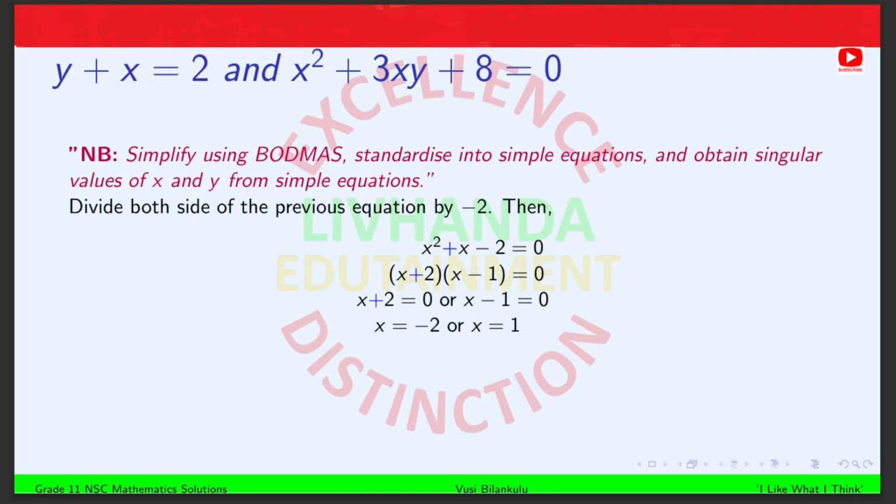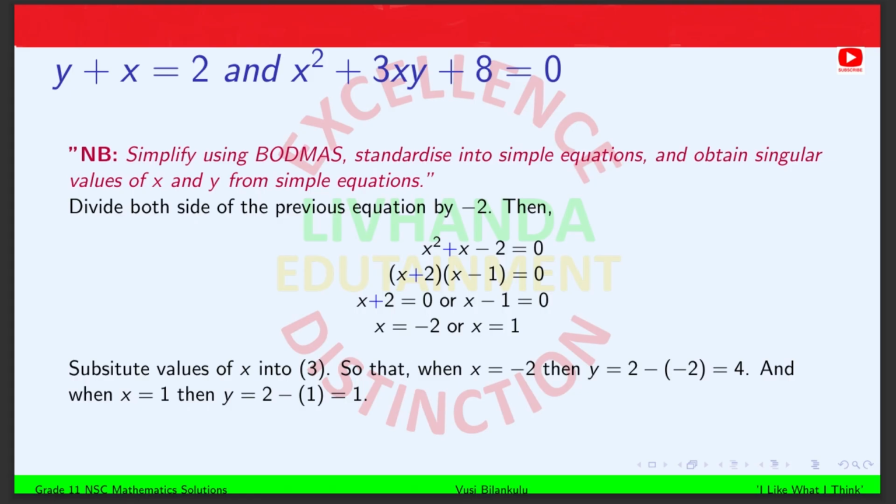A factor for this equation is either x plus 2 or x minus 1. Therefore, x equals negative 2 or x equals positive 1. To obtain values of y, substitute values of x into equation 3. When x equals negative 2, y equals positive 4. When x equals 1, y also equals 1.